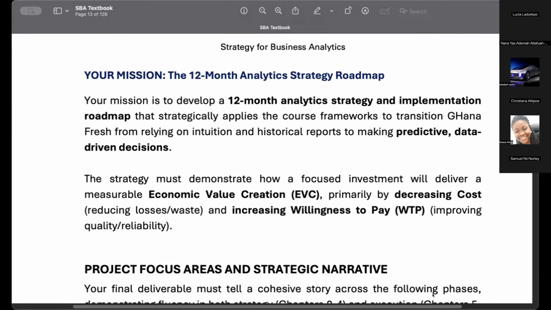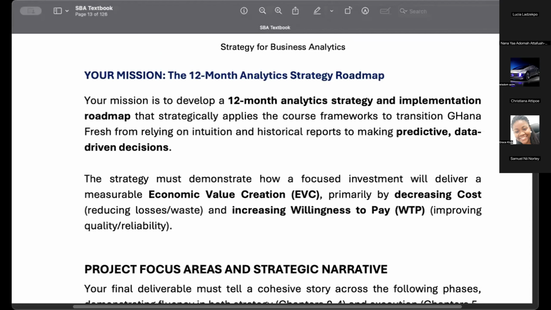Your mission, the 12-month analytics strategy roadmap. Your mission is to develop a 12-month analytics strategy and implementation roadmap that strategically applies the course framework to transition Ghana Fresh from relying on intuition and historical reports to making predictive and data-driven decisions.